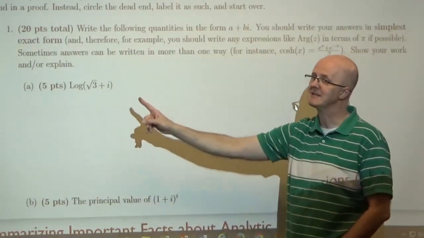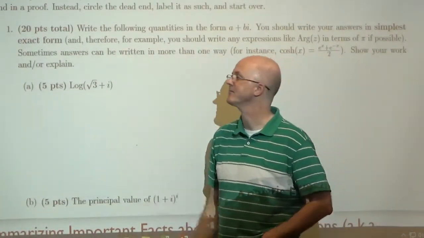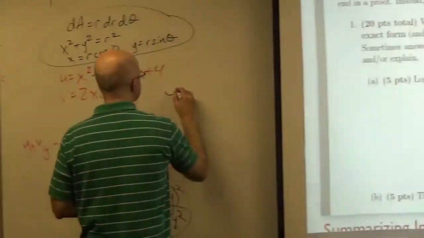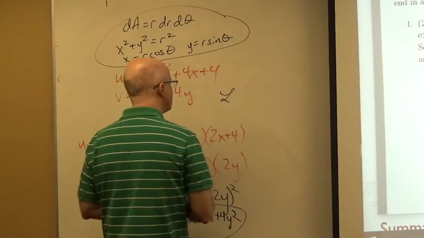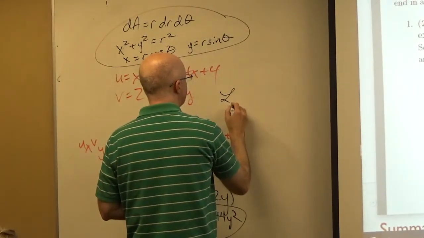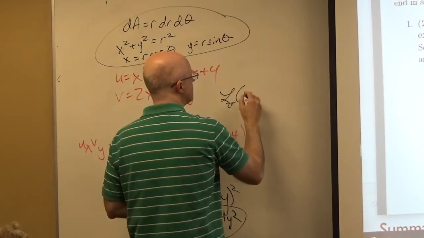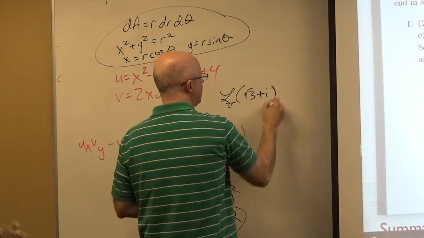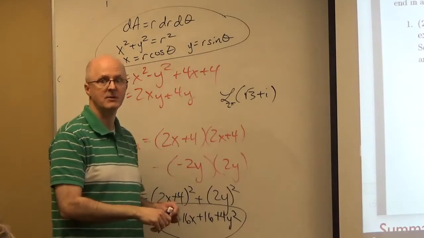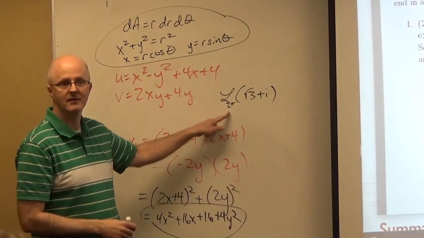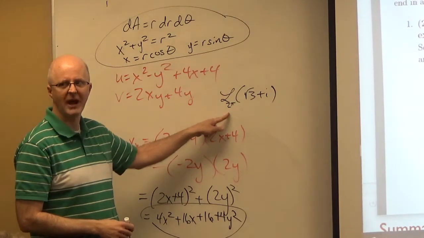I could modify this and put another branch of the multi-valued logarithm function. I could label it something like this: L sub 2 pi of square root of 3 plus i. The argument of the answer would have to be between 2 pi and 4 pi if I put a sub 2 pi there. Remember, that's how you pick the branch.